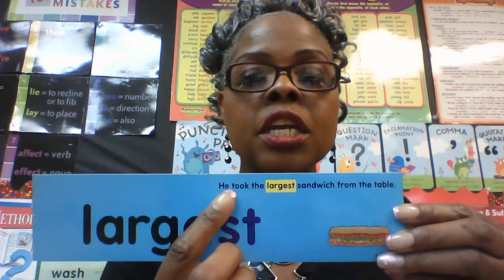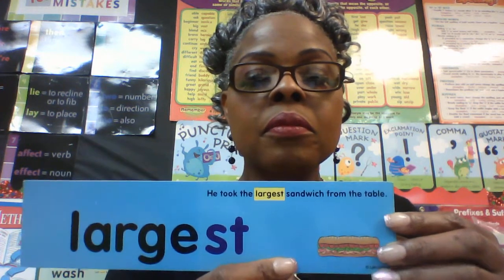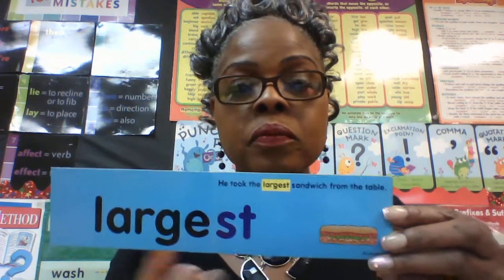He took the largest sandwich from the table. Okay, that means that there were several other sandwiches on the table. He just so happened to take the largest one. Excellent.